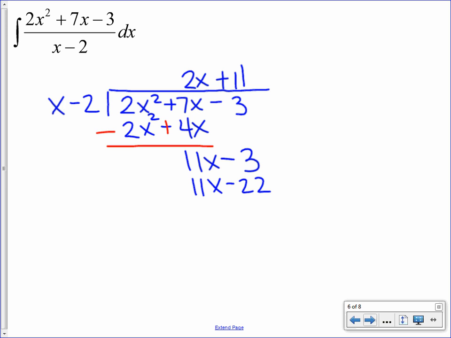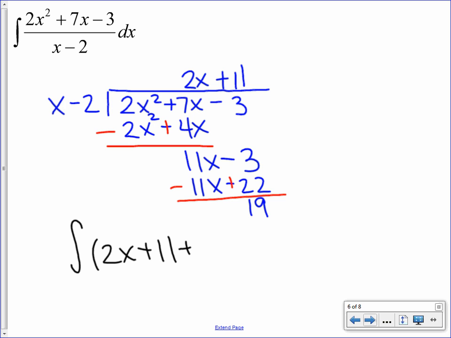And what do we do with those? So our remainder is... I'll let you try that again. Okay. So instead, we have the integral of 2x plus 11 plus our remainder, 19 over x minus 2.